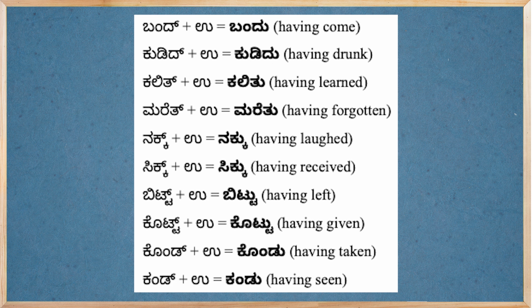Nak plus u becomes nakku, having lost. Sik plus u becomes sikku, having received. Bit plus u becomes bittu, having left. Kot plus u becomes kottu, having given. Kond plus u becomes kondu, having taken. Kand plus u becomes kandu, having seen.